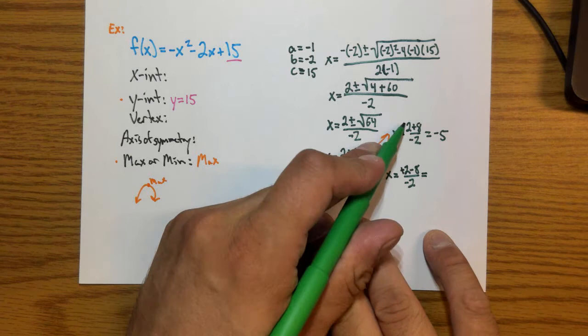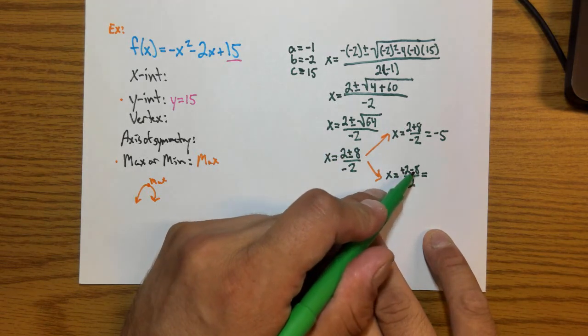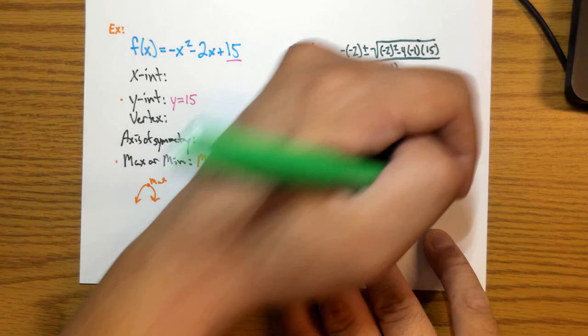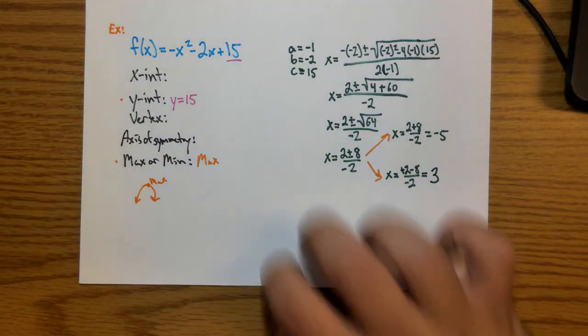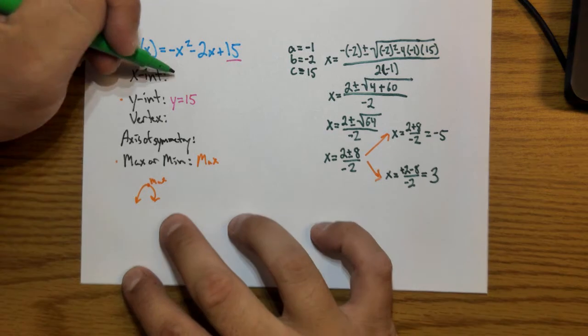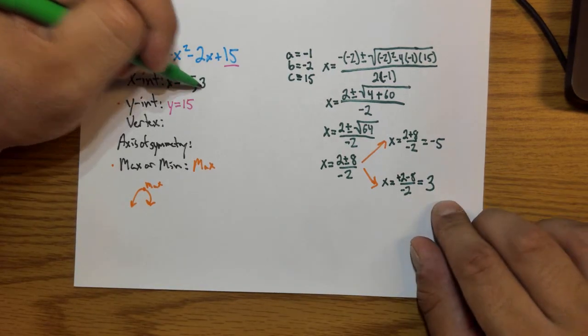So this should be a positive. I just accidentally drew this as a negative. So 2 minus 8 is -6 divided by -2 is positive 3. And that's that. Those are our x-intercepts. So x equals -5 and 3.